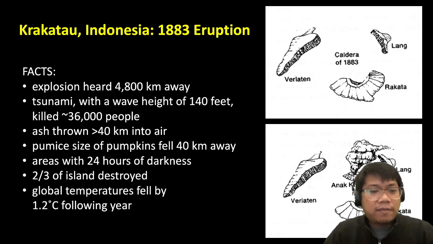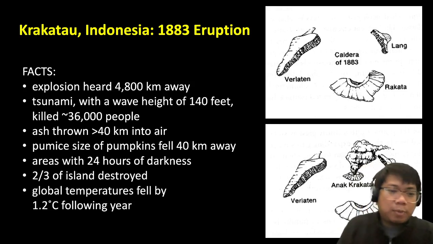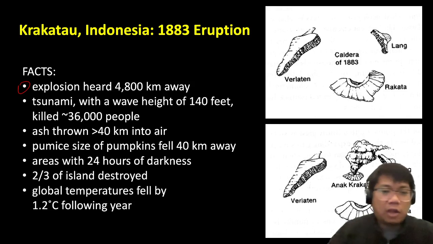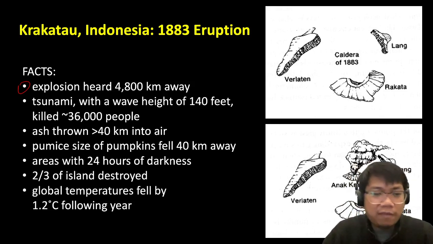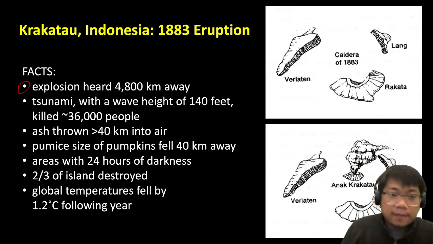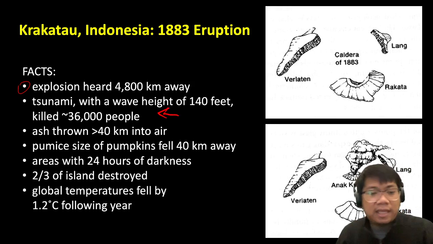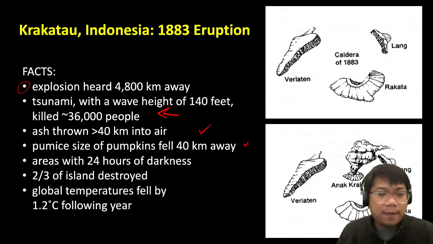Some of the facts associated with this big eruption are that the explosion was heard almost 5,000 kilometers away from the volcano, and it produced one of the biggest tsunamis ever recorded, that killed 36,000 people who lived on the islands nearby. It released lots of materials: ash, pumice, steam, and many things.